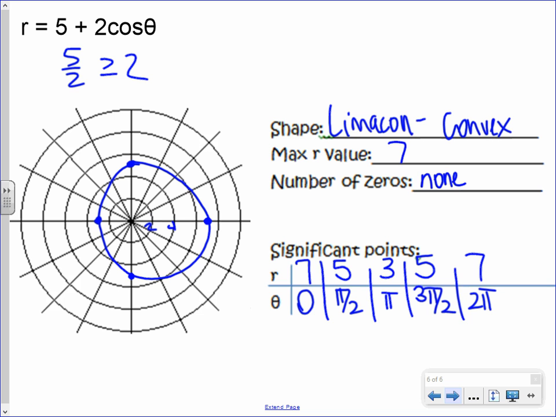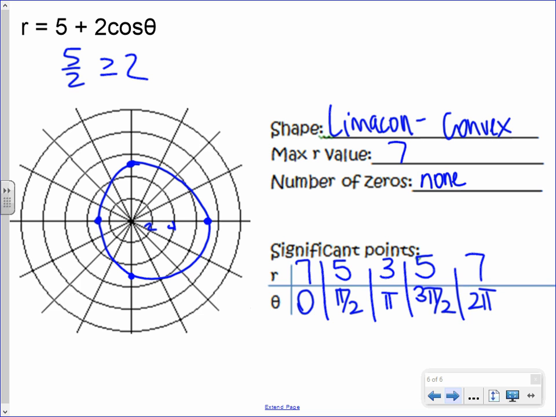We'll work backwards. You need to be able to graph a limacon. You also need to be able to describe it to me. Like if I give you a graph or an equation, r equals 2 plus 2 sine theta, you need to be able to tell me that that is a cardioid limacon opening up, max r value of 4.